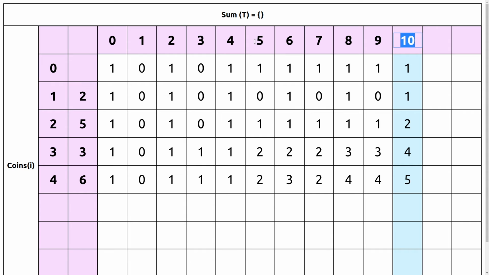We do 10 minus 5, that is 5. We look at the same row but the reduced sum column, that is 1. Now because we can include 5, we are modifying the array element and incrementing it to 2. The older value was 1, plus the new value at 10 minus 5, which is 1.